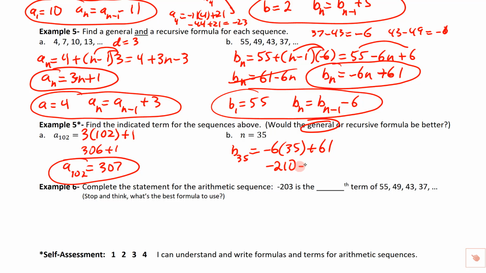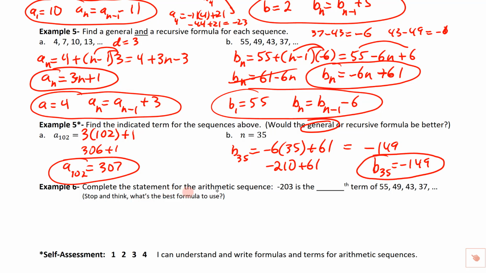Double check me on your calculator, and then we're going to add 61. So we'll combine those together, and I think that's negative 149. So the 35th term, b sub 35, is equal to negative 149. We'll go ahead and circle that, and we are all set with that one.